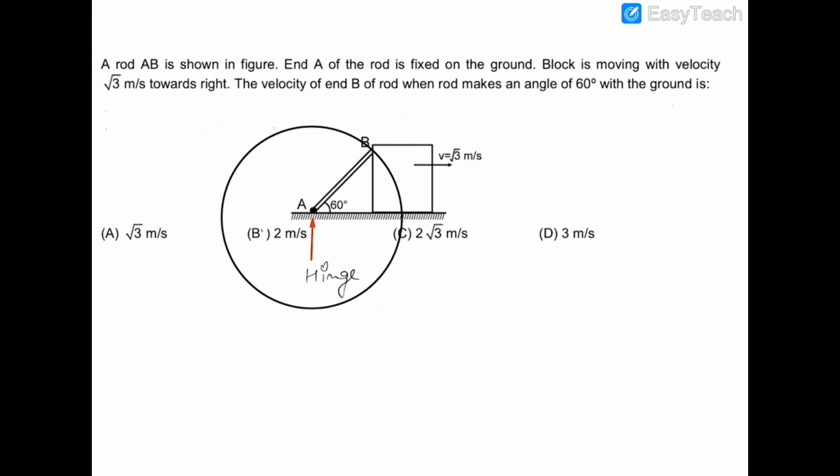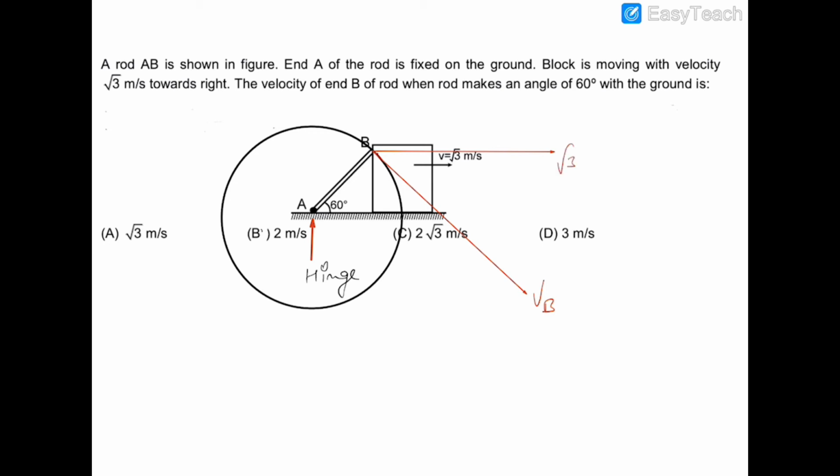Now the velocity of the tip of the rod at point B will be along the tangential direction to the rod. Let's suppose this velocity to be VB, and the velocity of that block is already given as root 3.